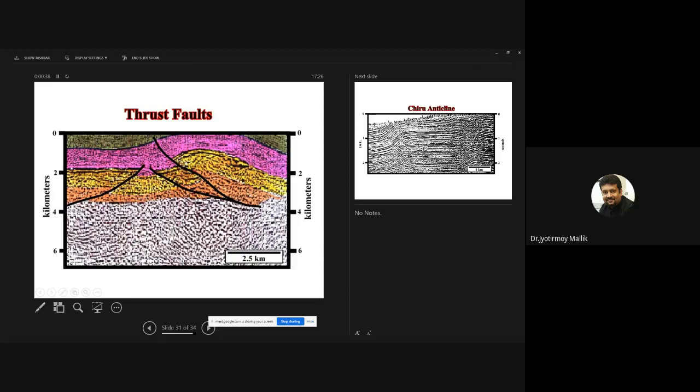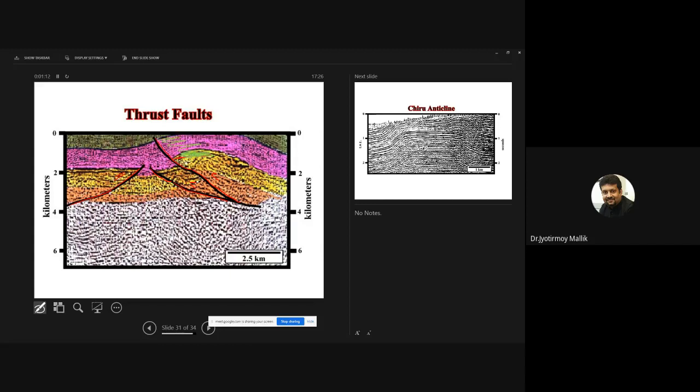So you can see that the thrusts are being interpreted. So this is one, two, three thrusts. So why are they thrusts? Because the hanging wall is moving up, right? Hanging wall is moving up. And if I ask you to identify the trap, we use another color here, right?